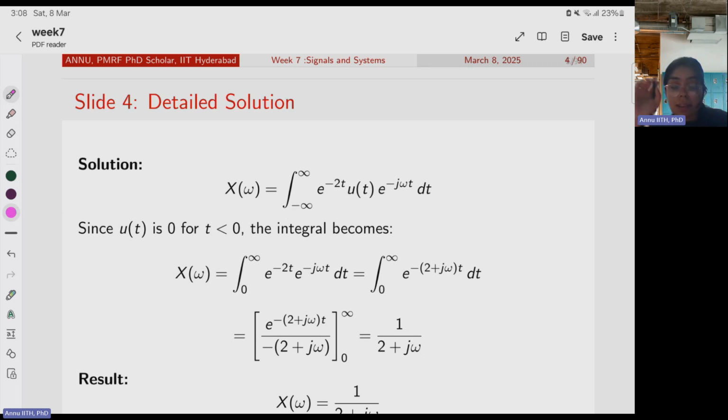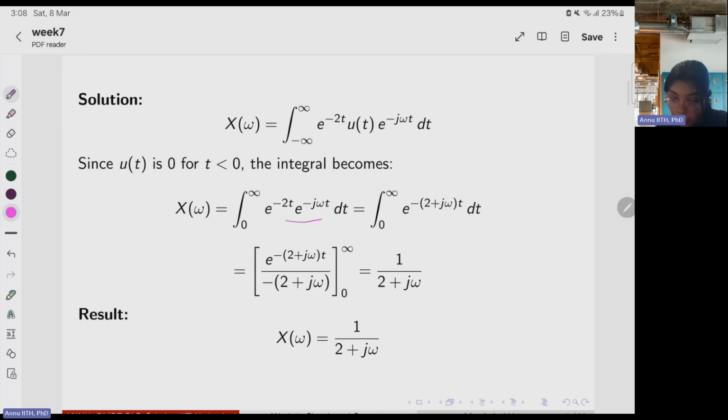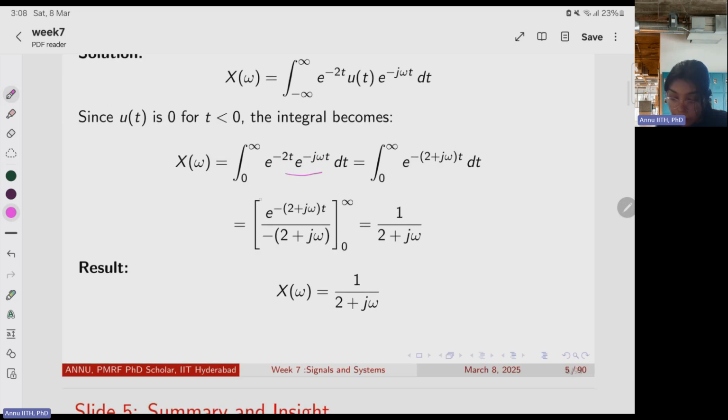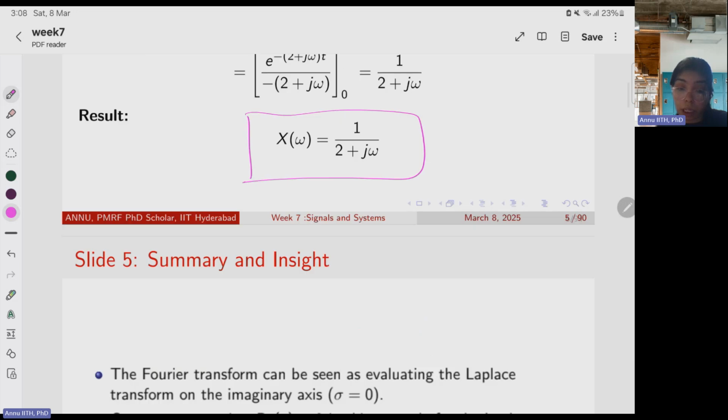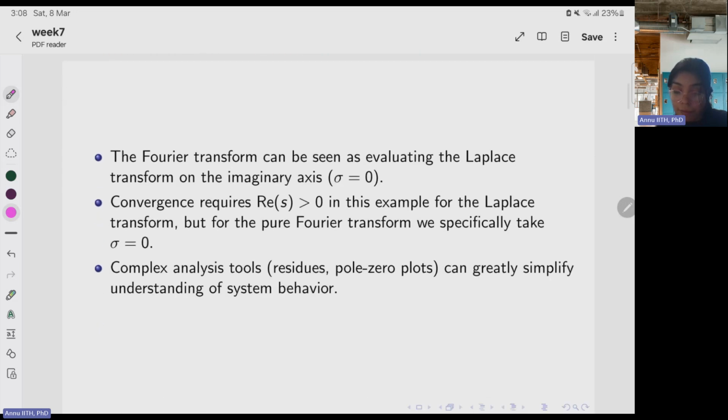Since u(t) is 0 for t less than 0, the integral becomes the integral from 0 to infinity of e^(-(2+jω)t) dt. If you integrate, you will have X(ω) = 1/(2 + jω).